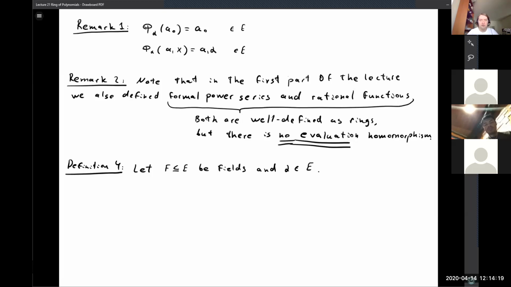Then let's look at the evaluation homomorphism of alpha, right? It sends polynomials over F to E, just evaluating them at this point. So we say this is an evaluation homomorphism.